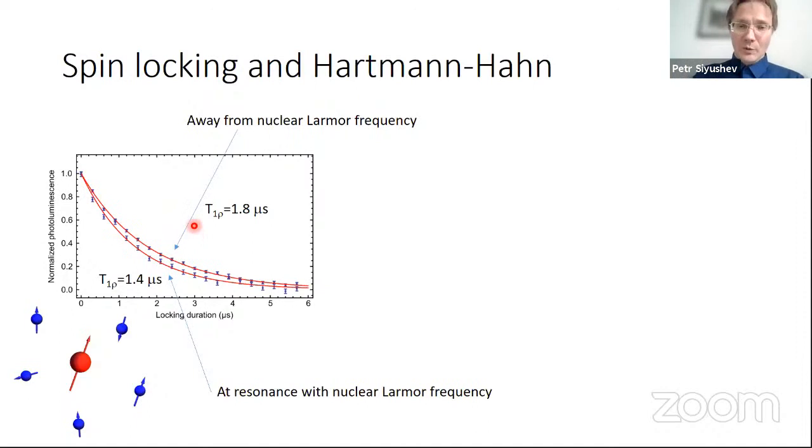The reason is quite simple. In ordinary conditions, the hyperfine splitting for the nuclear spins is quite small compared to the splitting of the electronic states. Therefore, cross relaxation between those two systems is negligible because of small spectral overlap. However, when we drive our electron spin with a certain Rabi frequency, we go into the dressed state representation, and then the splitting between the states is provided by the Rabi frequency.